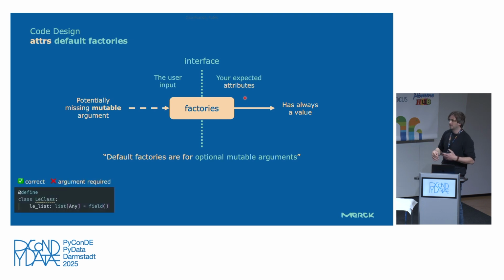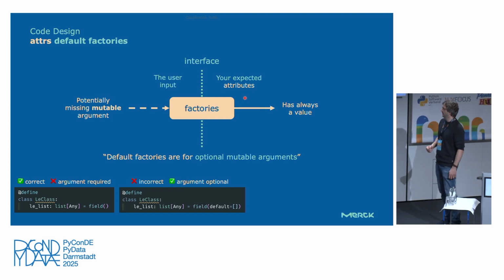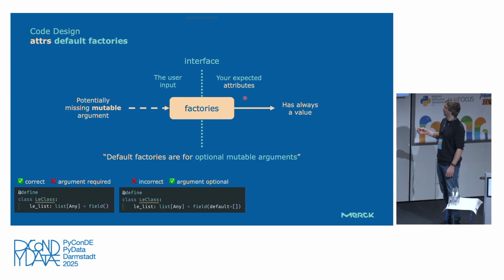How does that look in terms of code? For example, we have here a little class example where it has a single attribute that is a list. If you would write that this way, it would work, but it basically means that whenever the user wants to instantiate an object of that type, they would need to provide this list. Well, you could set a default, but this is really not the right way, because you maybe know the hassle with Python mutable arguments.